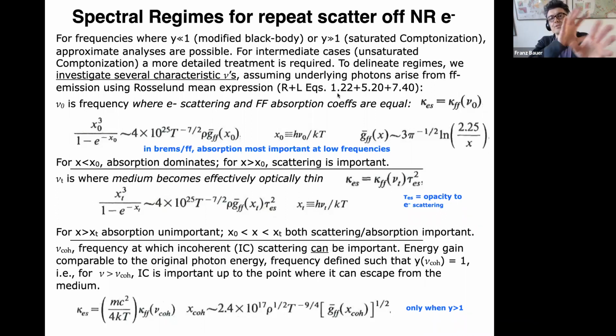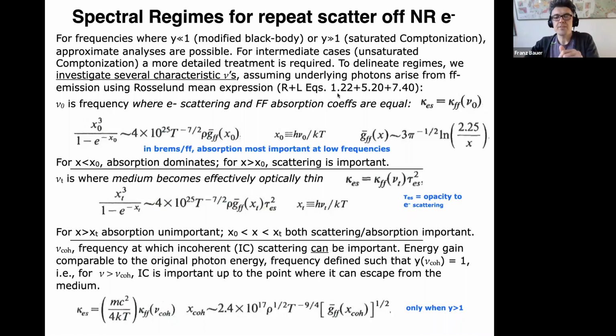Then as you get close up above this coherent frequency, those photons in particular can interact with the electrons and gain a lot of energy from them, and they'll cool the electrons too, right? And so depending on the exact shape of the medium and everything, you will get out some spectrum.